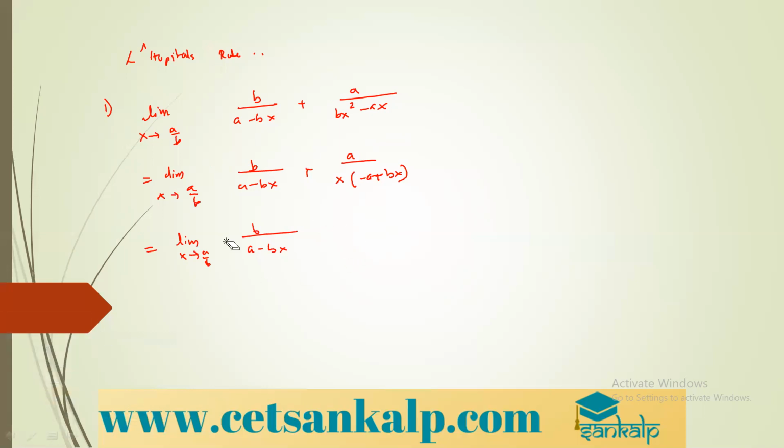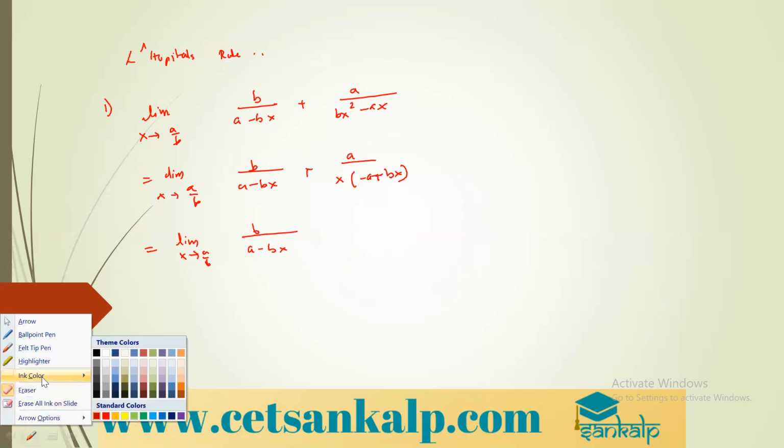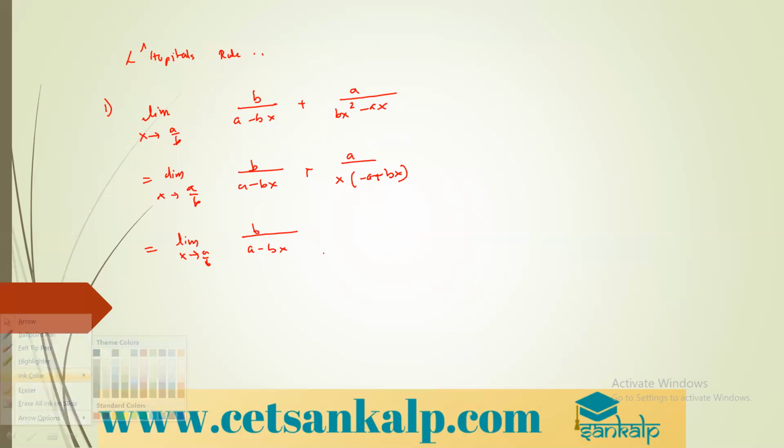So instead of plus a, I will take minus, so that I will have minus a by x times (a minus bx). So you can see that in the denominator we can take common.